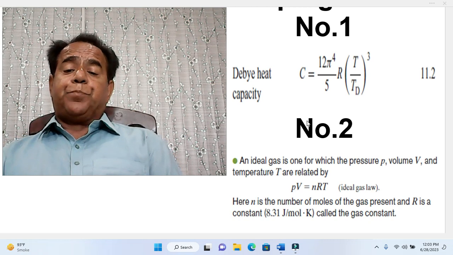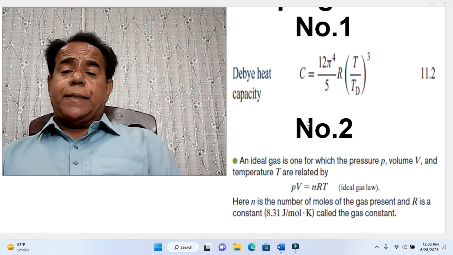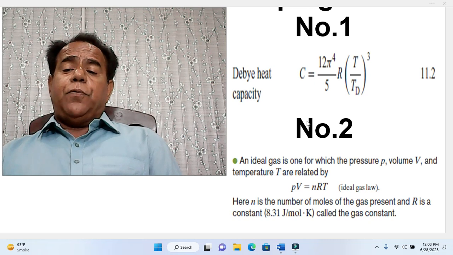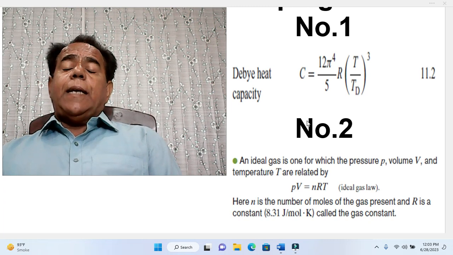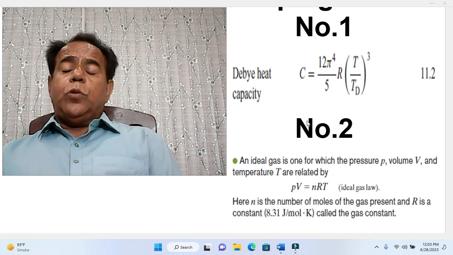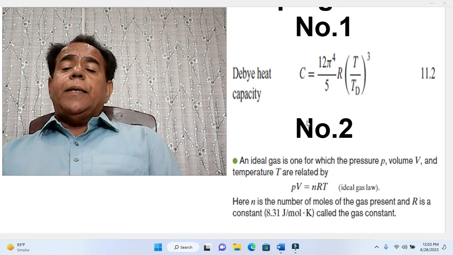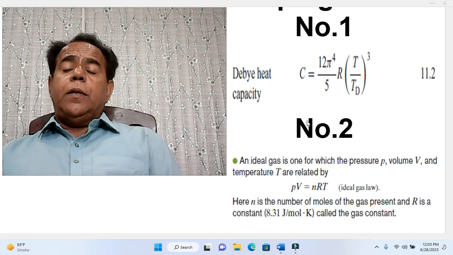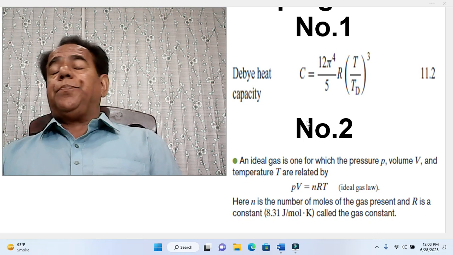So Debye heat capacity C is equal to 12π^4 over 5 into universal gas constant R into (T over T_D) whole raised to the power 3.